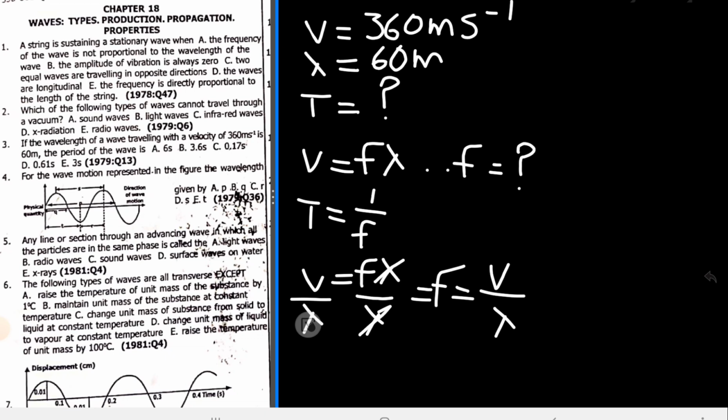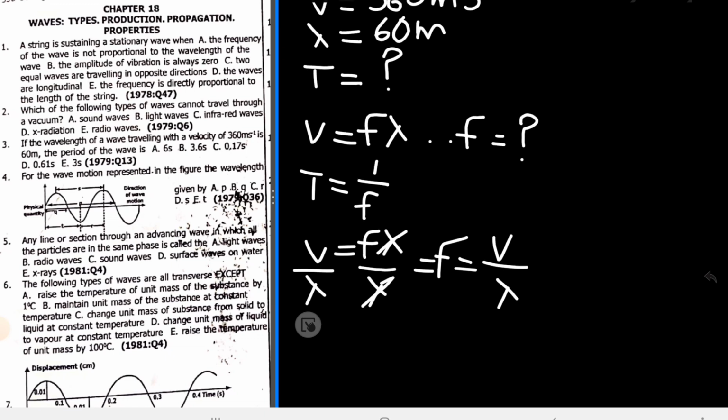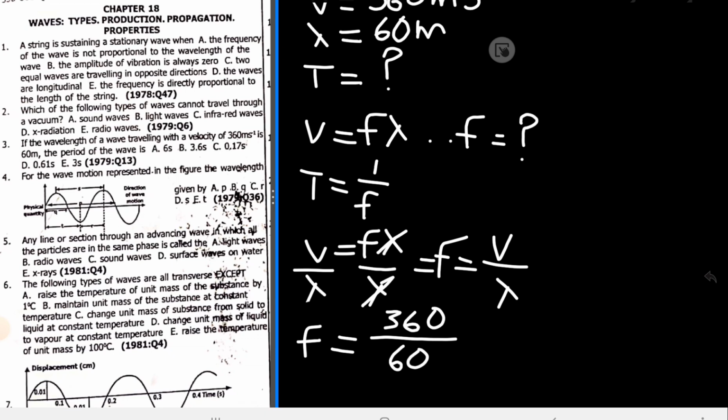Okay. So next, we will plug in our data. So frequency F equals, what is V? It is 360, what is lambda? It is 60. So you will say 360 divided by 60.